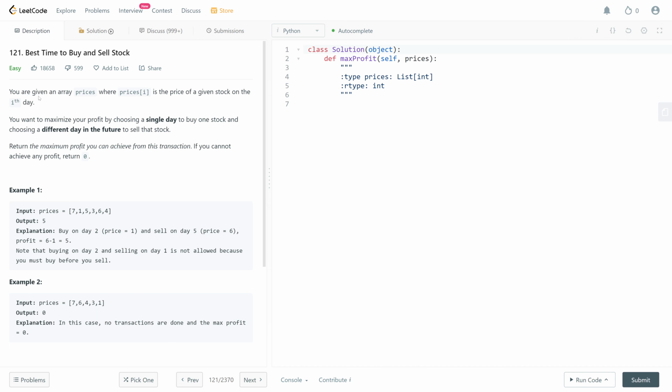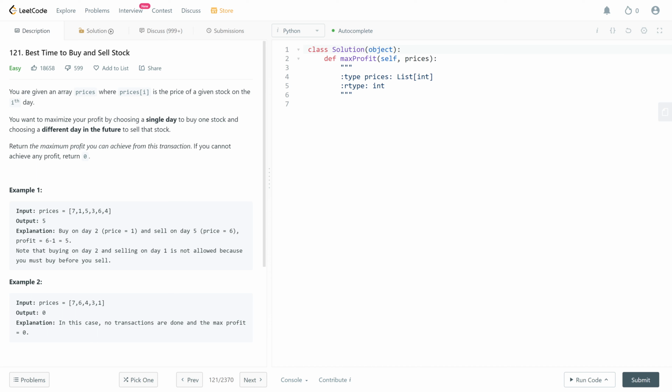Easy. Okay. You're given an array prices where prices[i] is the price of a given stock on the ith day. You want to maximize your profit by choosing a single day to buy one stock and choosing a different day in the future to sell that stock. Makes sense. Right, so we're not shorting any stock. We're just buying and then selling.